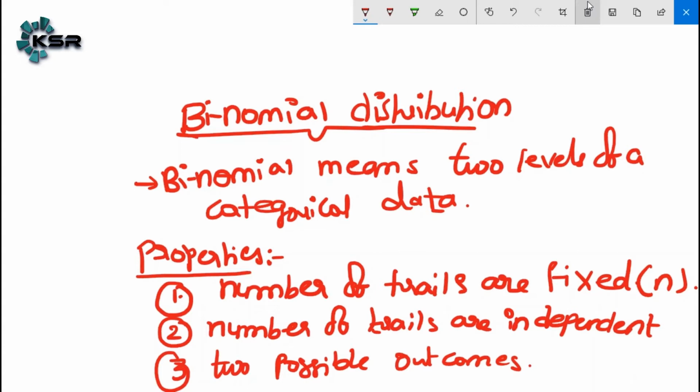So the two outcomes are success or failure. We have the two possible outcomes: success or failure.